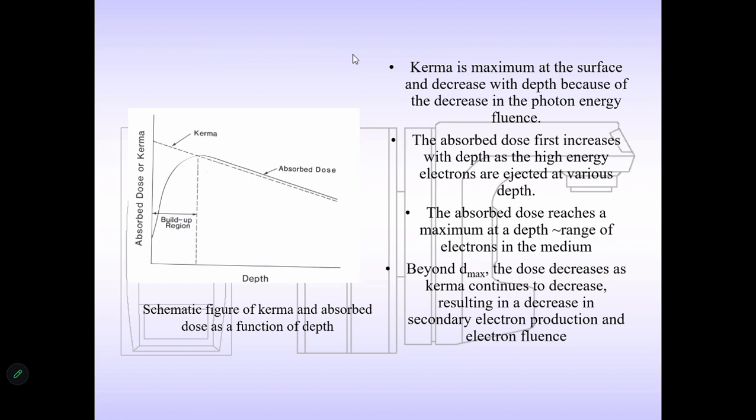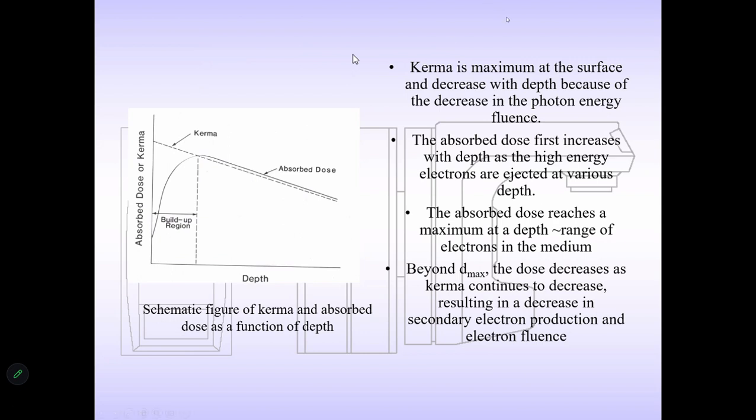Here, this is a very popular graph. Okay, and that explains why we have buildup. And this also distinguishes between Kerma and absorbed dose. Kerma is kinetic energy released in material.